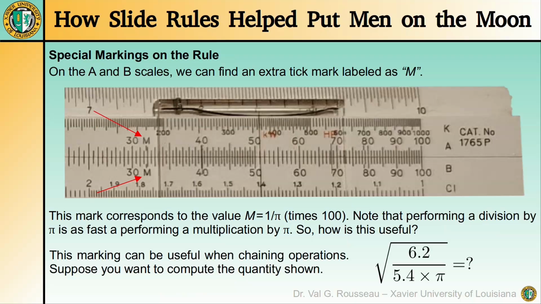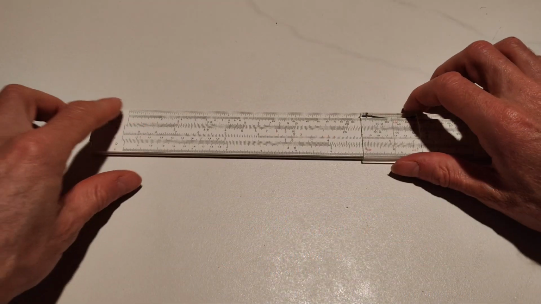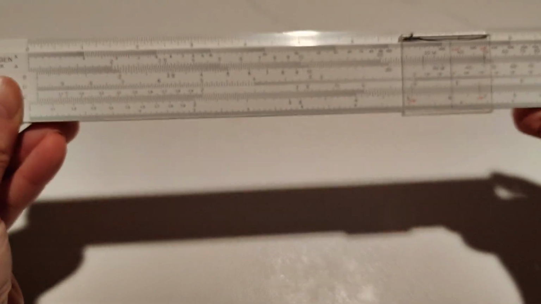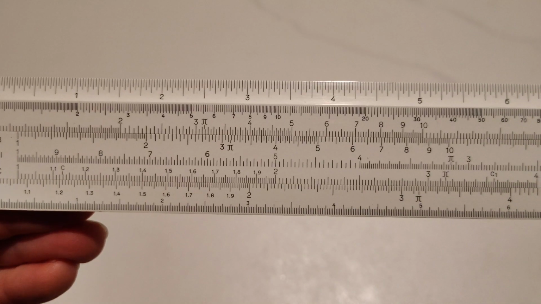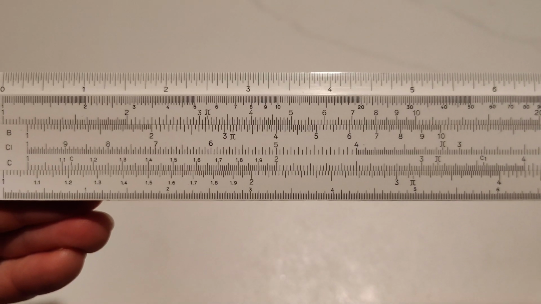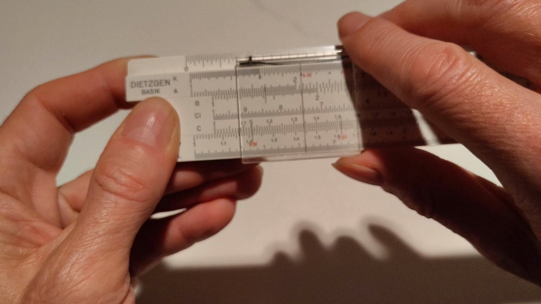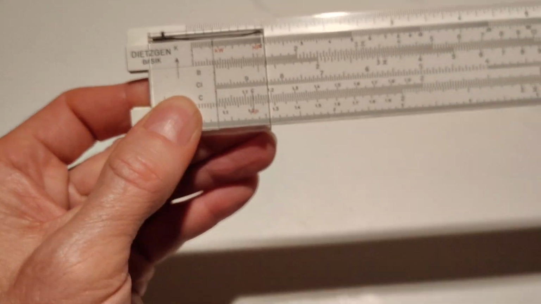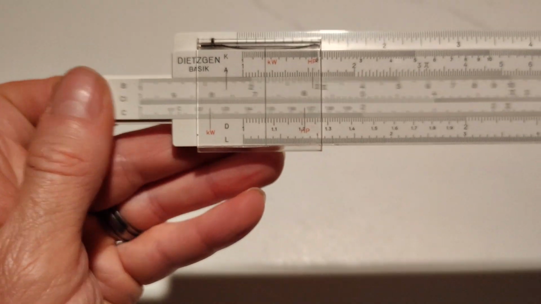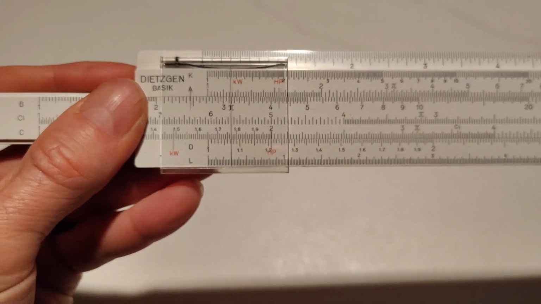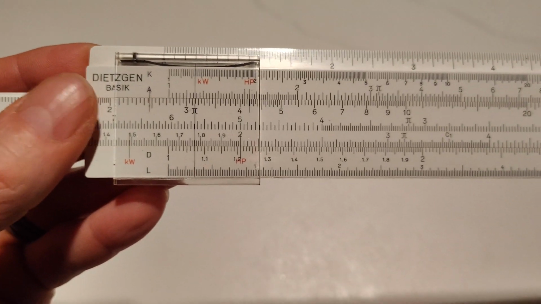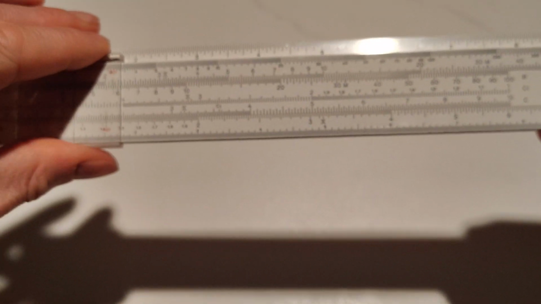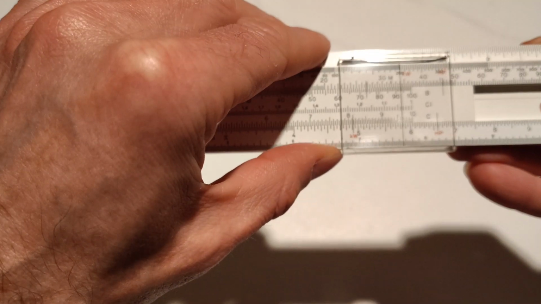First, we don't use the M mark. We start by dividing 6.2 by 5.4, so we place the divisor 5.4 on the B scale over the dividend 6.2 on the A scale. We move the cursor to the index of B. Now the result needs to be divided by pi, so we place the divisor pi on the B scale under the hairline, and we move the cursor to the index of B so that the hairline indicates the result of the fraction on the A scale.